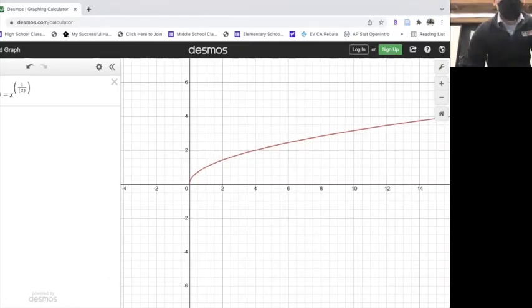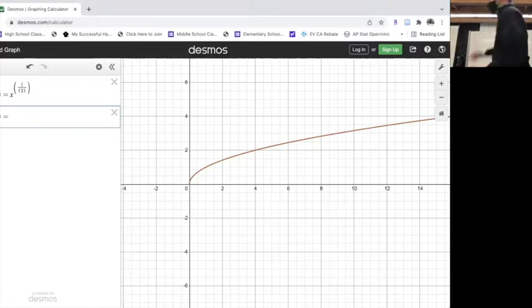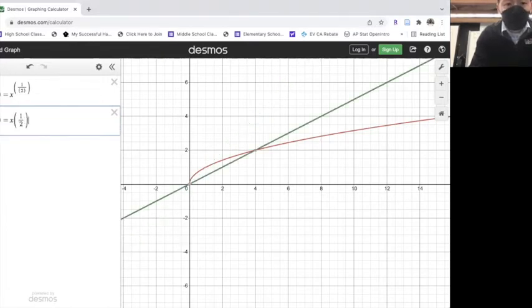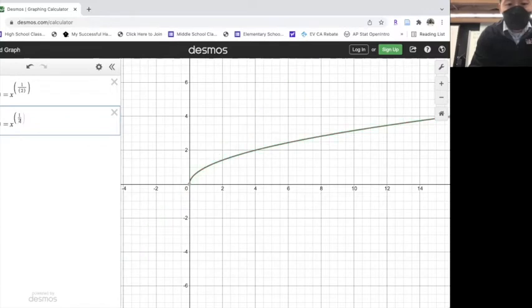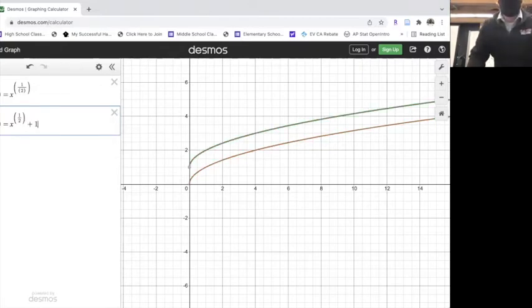So I add another graph, f of x equal to x to the 1/2 plus 1. As you can see, it's the green graph. It's the same graph but shifted up to the top. You guys okay?